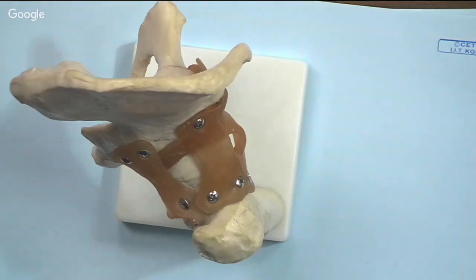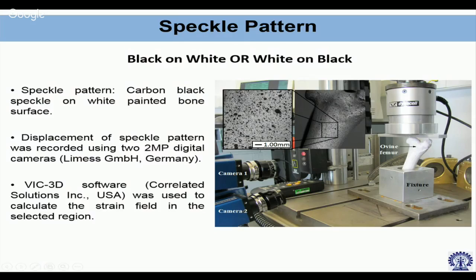Okay, so the displacement of the speckle patterns are recorded by the cameras, and then the VIC 3D from Correlated Solutions. This is the company which is the manufacturer of the software VIC 3D, and they are actually helping us to calculate the strain field in a selected region. So you can see here, I've tried to magnify the strain field, the speckle pattern on the specimen, and this specimen is actually a lamb femur.